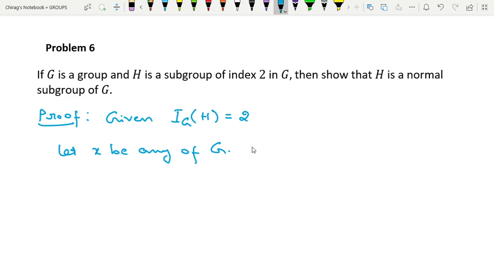Now, what do we need to prove? We need to prove XH equals HX for all X belongs to G. Okay. So there are 2 cases.